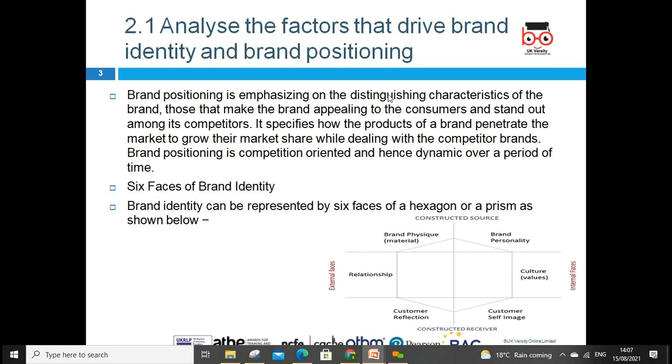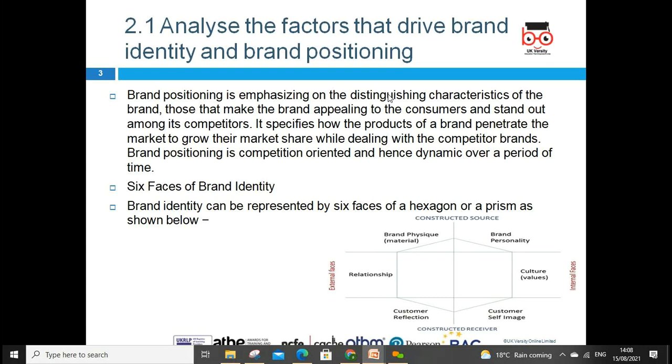Then brand personality. When you are wearing a certain brand, it really affects people, especially with designer shops. Then cultural value: different cultures have different values for brands. In some cultures they might say this company comes from a certain country, and even if it is good quality, we don't want to buy because of conflicts between governments or political issues.